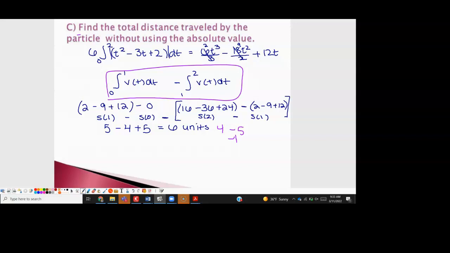So the integral from 1 to 2, if you integrate this, you're going to get a negative area because it's below. It's equal to negative 1. The total distance traveled says, okay, I went 5 steps forward, 1 step back. How many steps did I take? Great. If you took the integral from 0 to 1 of 5 and you add to it the integral from 1 to 2, are you getting 6?